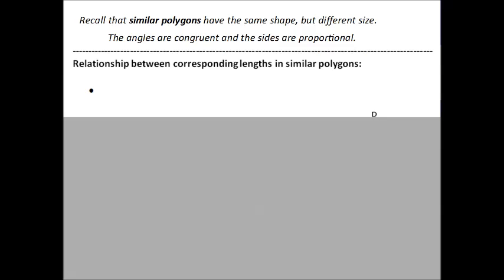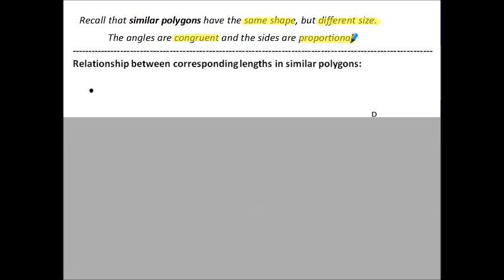Okay, first of all, let's remember what we discussed in the last class about similar polygons. Similar polygons have the same shape but different sizes. That means that the angles of those polygons are congruent and the sides are proportional.